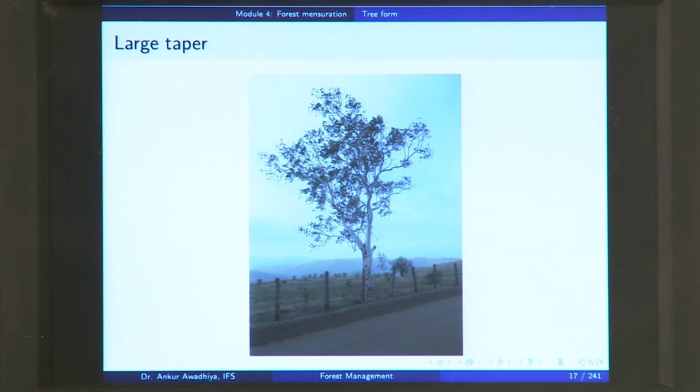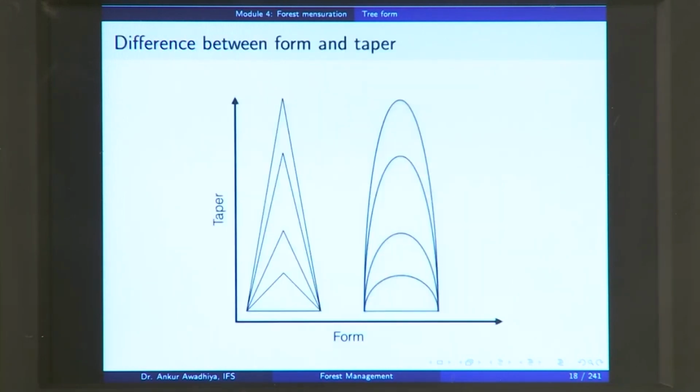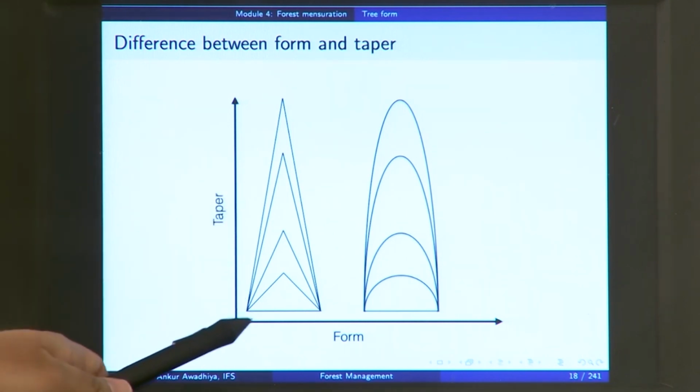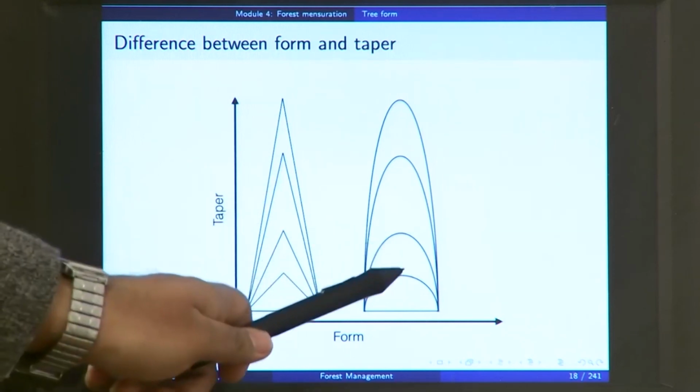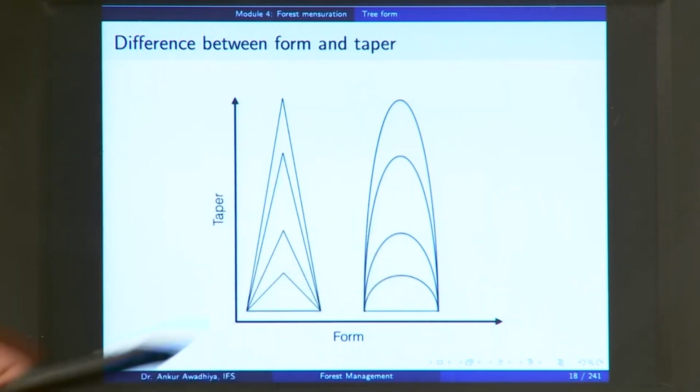Now, taper and form are two different things. So, you should not confuse between taper and form. Form refers to the shape of a solid. So, for instance, in this case, you have a conical solid, and in this case you have a paraboloid solid. So, these are the two different forms, whereas taper would refer to the change in diameter divided by the change in the height.